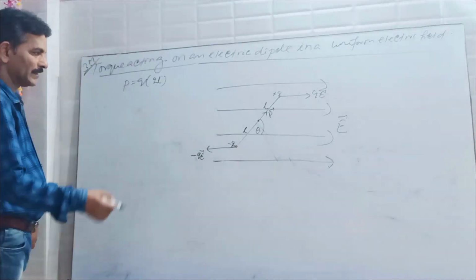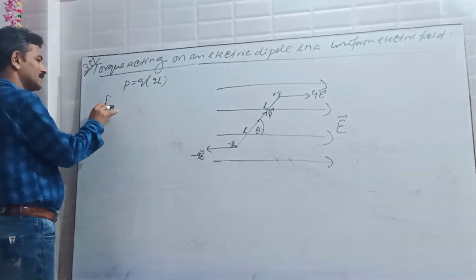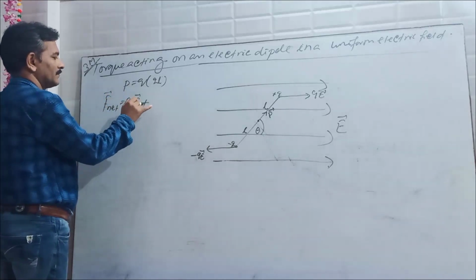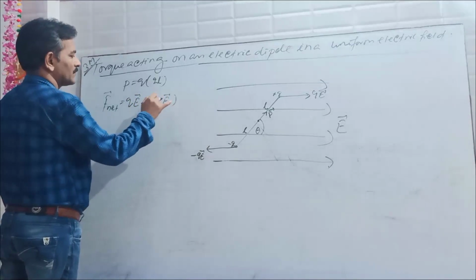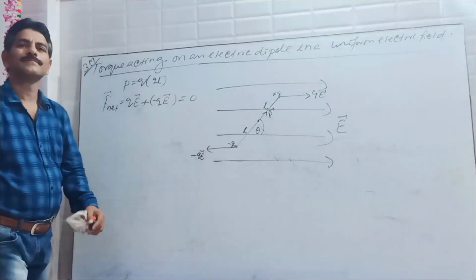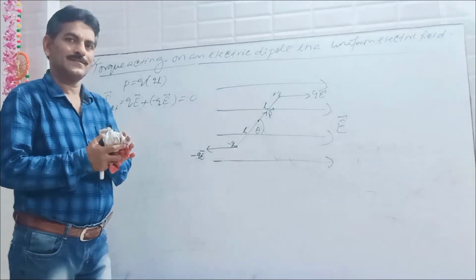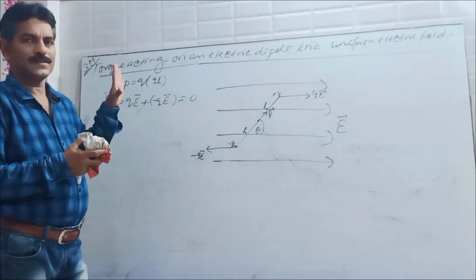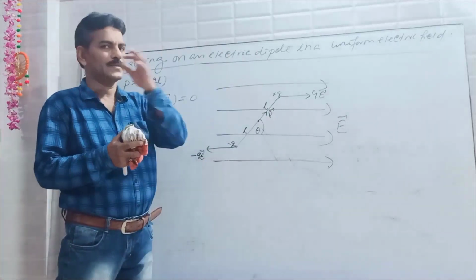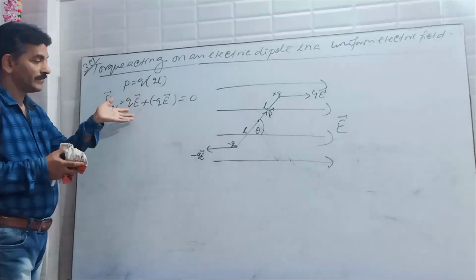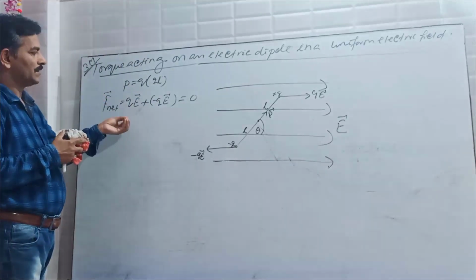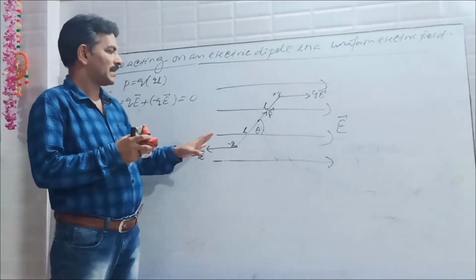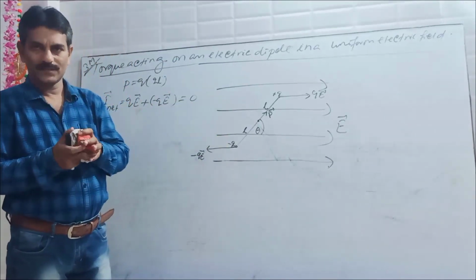Then you tell me, what is the net force on the dipole? It is 0. Always. Any dipole in any orientation, if it is placed in a uniform electric field, the net force on it will be 0. qE plus minus qE equal to 0.